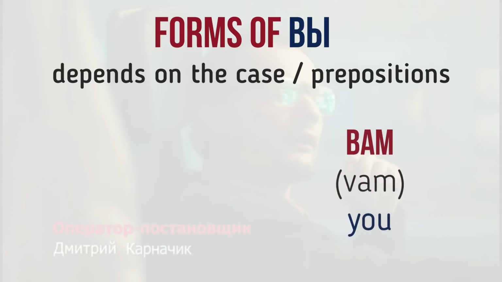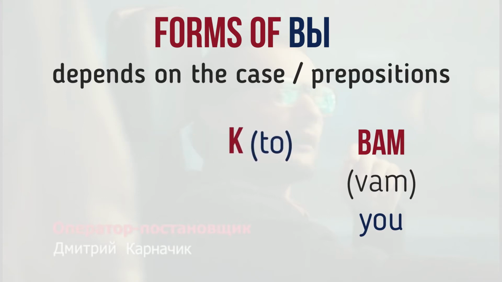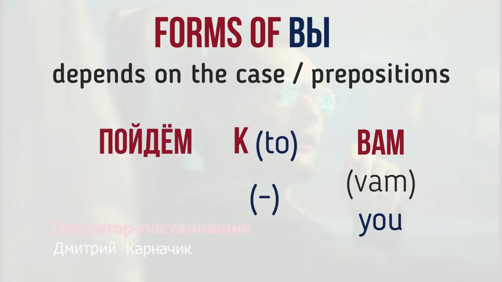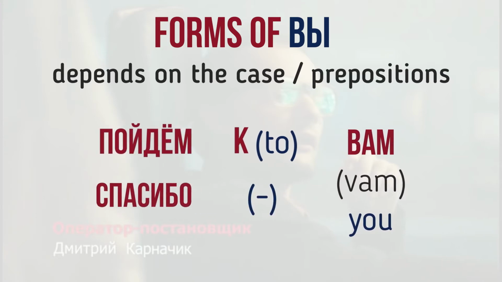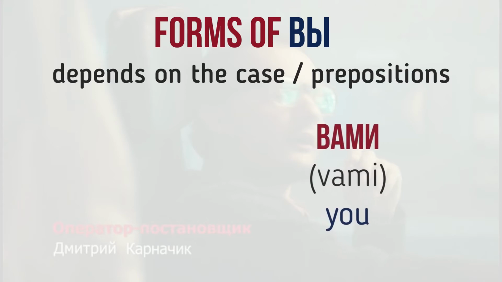Another form of вы is вам. And it can be used with prepositions, for example, к, to, к вам, or even without any prepositions. For example, спасибо вам. Thank you. Another form is вами.